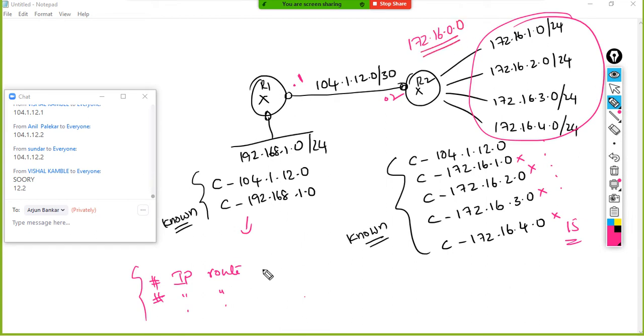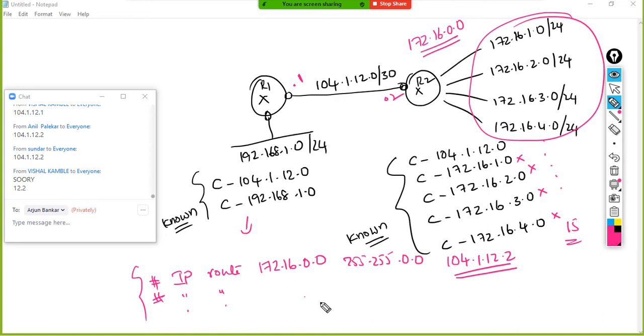So simply you are going to say IP route 172.16.0.0, then 255.255.0.0, then the next stop will be 104.1.12.2. Do you agree, everybody? This is for CCNA level.